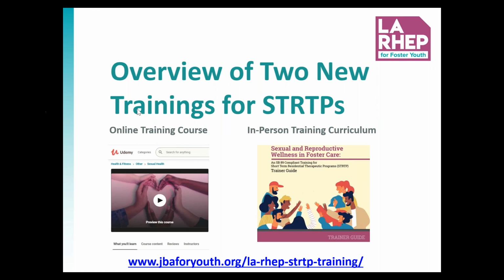And then one is an in-person curriculum that anyone can really download and offer at their organization to a group of people in person. So both of those trainings are available at the link there on the screen. And we're going to talk a little bit more about what they are. And if you can take us to the next slide.